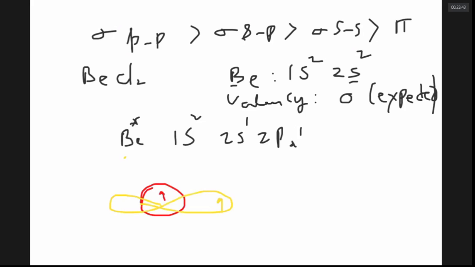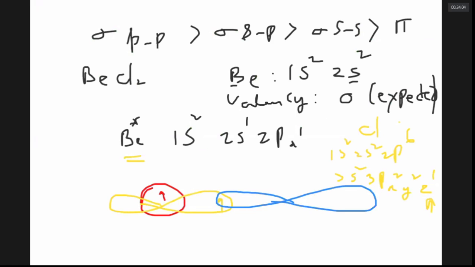When this beryllium combines with chlorine, chlorine configuration is 1s2, 2s2, 2p6, 3s2, 3px2, 3py2, 3pz1. The pz orbital of chlorine overlaps with the px orbital of beryllium. It is a sigma pp bond.